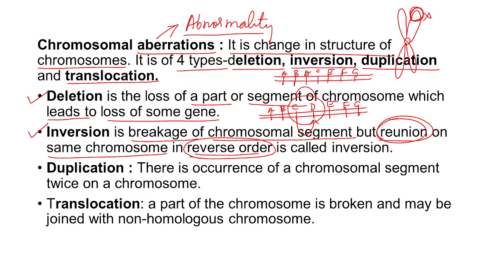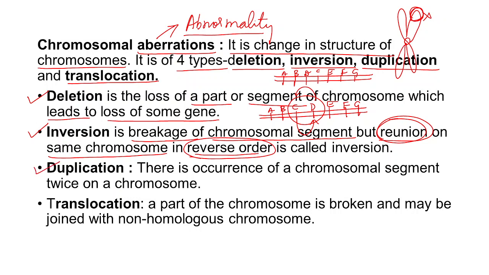So, this process is called inversion. All the genes will be there as they are, but in an altered position. Next one, duplication.